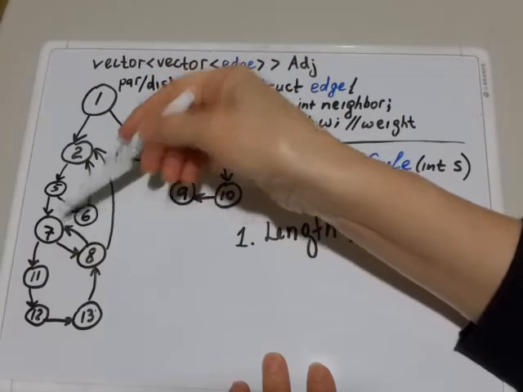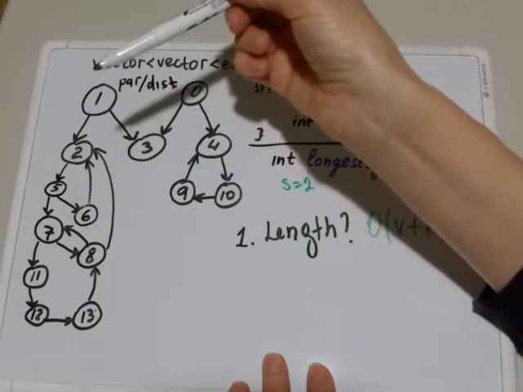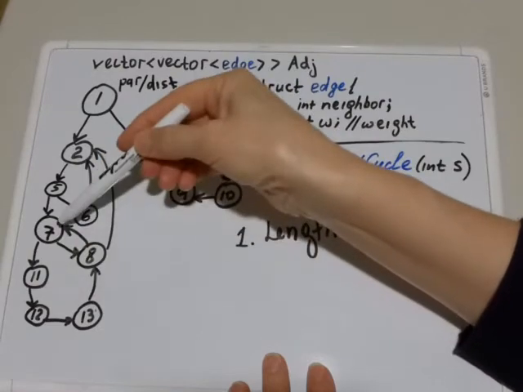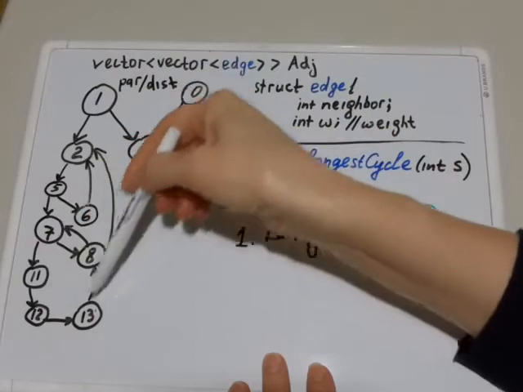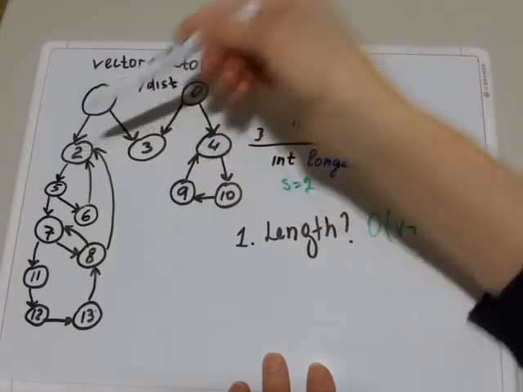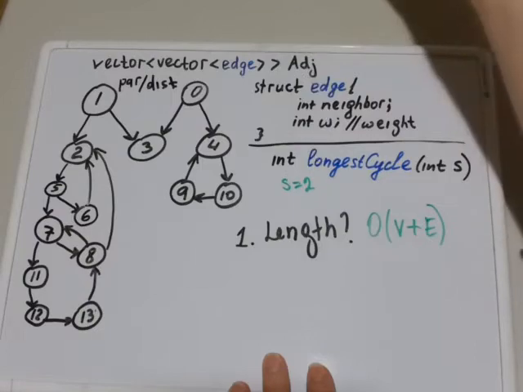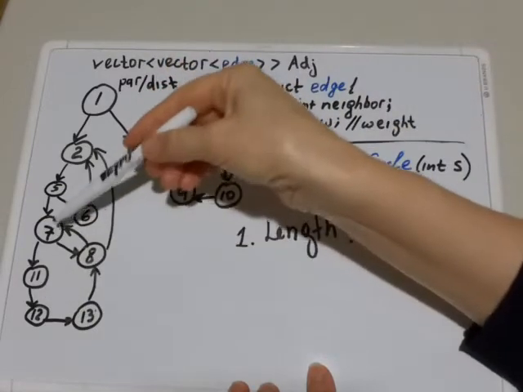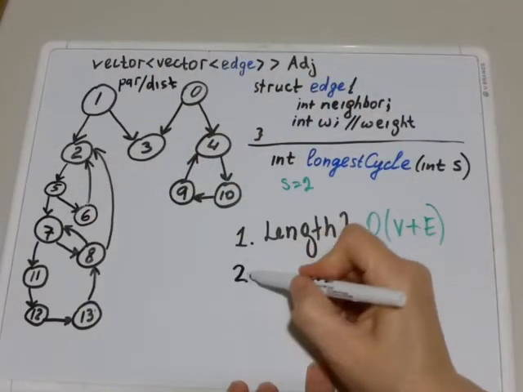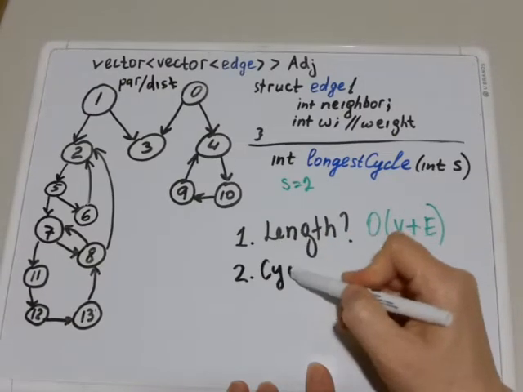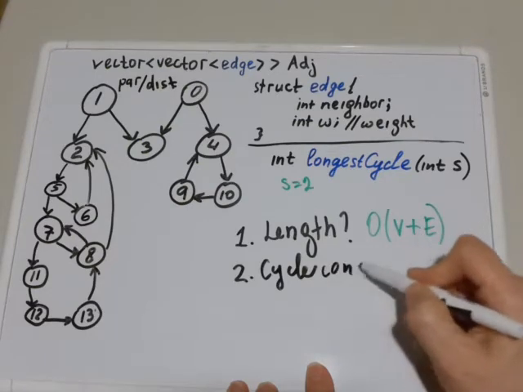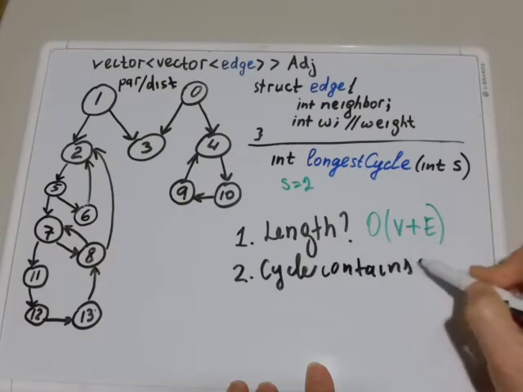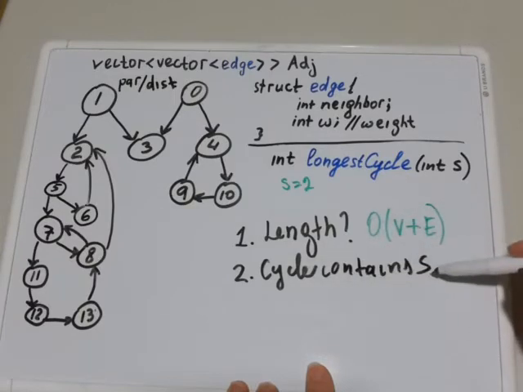This is greater than 4 edges, but this cycle doesn't include 2, and our s is 2. We need to watch out that the cycle includes s. How can we check that efficiently, in constant time?